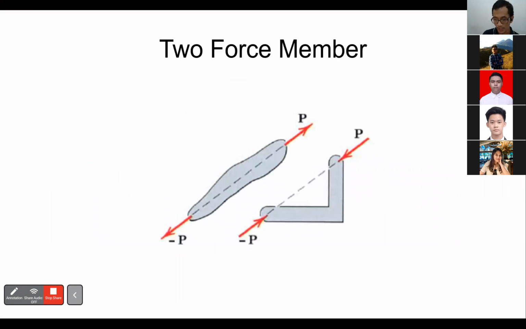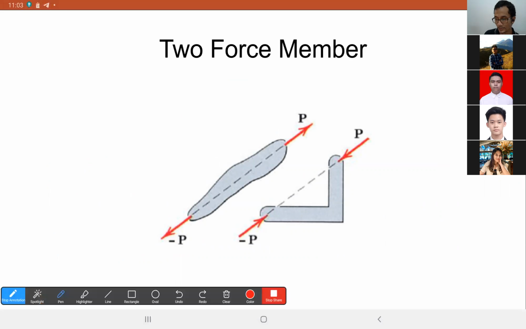Okay, but before we go to the exercise, you have to remember several simple things. Sometimes we have a mechanism which involves several members or links like this.